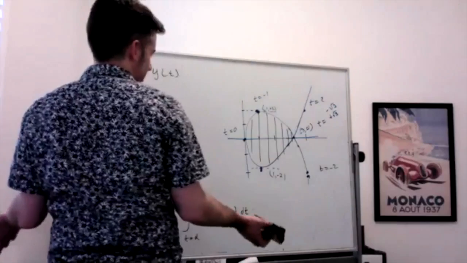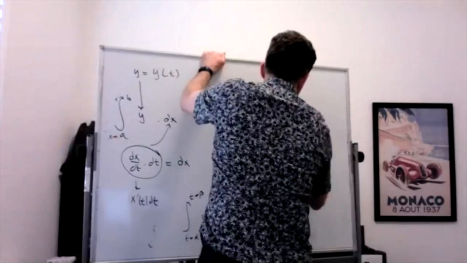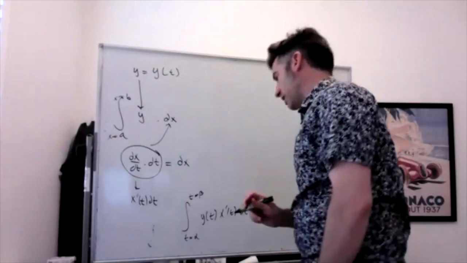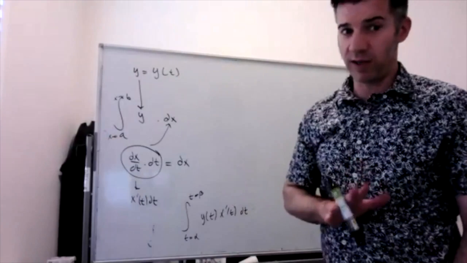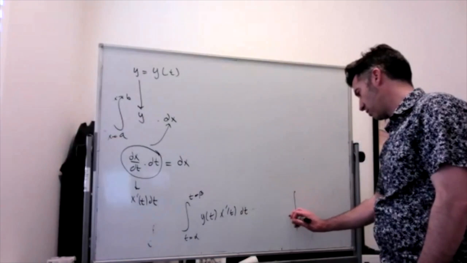I don't want to erase my picture, but I'm kind of out of room. I'm worried we might have to break this up into two pieces. I'm not positive, so let me just draw my picture again over here real quick.